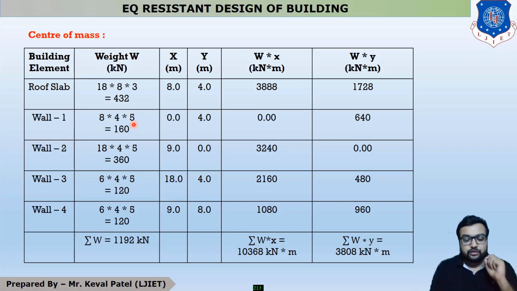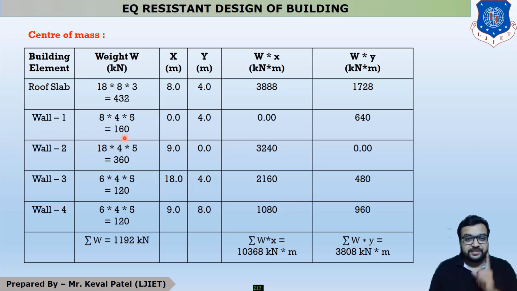It is given in the question that the height of wall up to roof level is equal to 4 meter. So our wall 1 area is 8 meter length and 4 meter height. So our area is 8 into 4. So our total weight of wall 1 is 8 into 4 into 5, which is equal to 160.